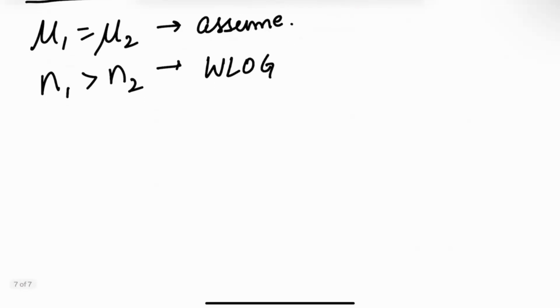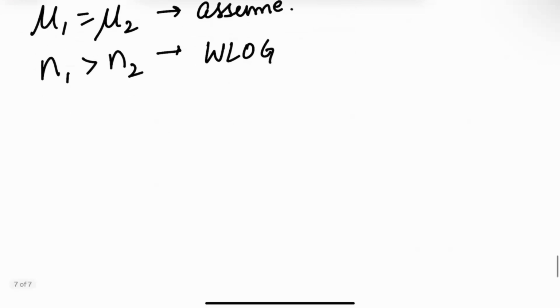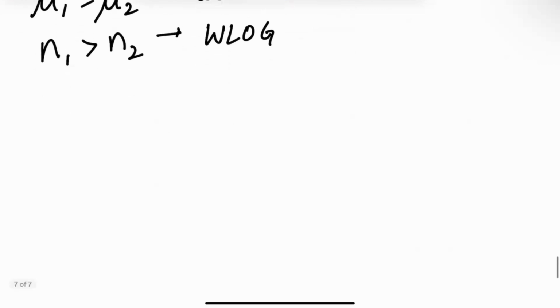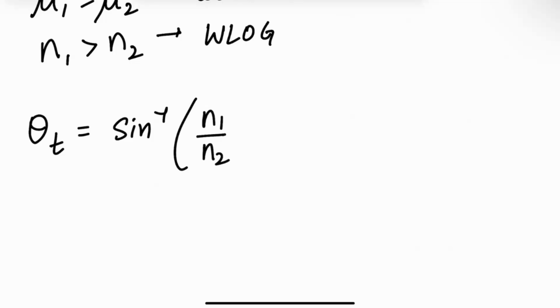If it's the other way around, then the incident light has to come in from a denser medium to a rarer medium to observe total internal reflection. In that case, the transmitted angle can be given by sine inverse from Snell's law, n1 over n2 sine theta I. Again, I want this to be equal to 90 degrees.